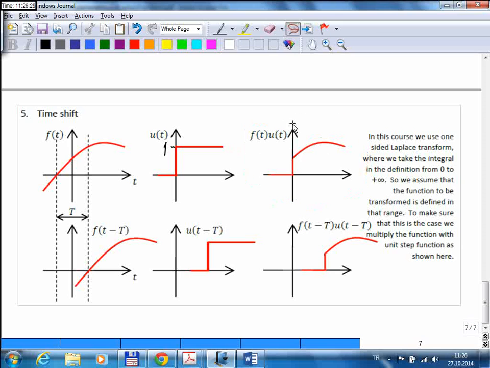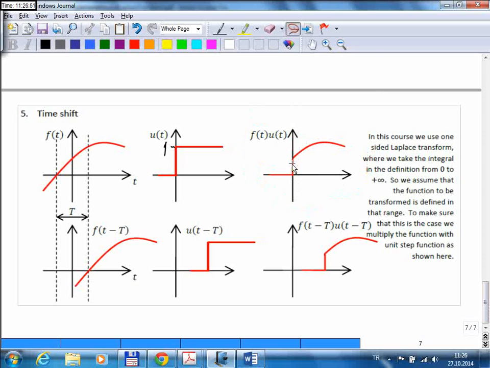Now, suppose that you know the transform of this function. Let's see how the transformation can be taken if you shift it in the time domain. In other words, you just take this function and move it towards the right.